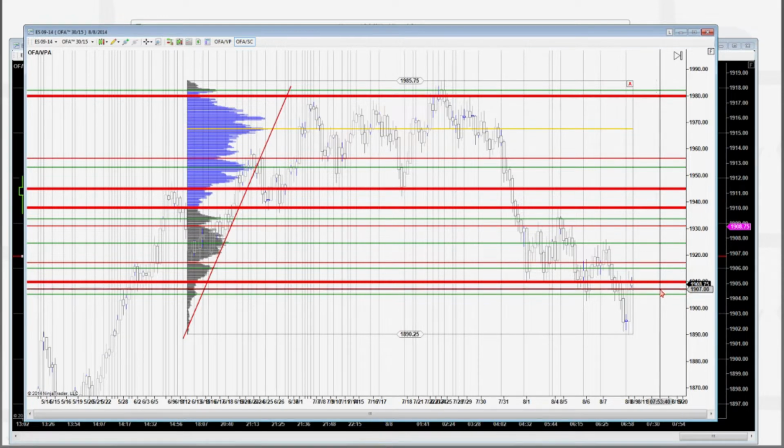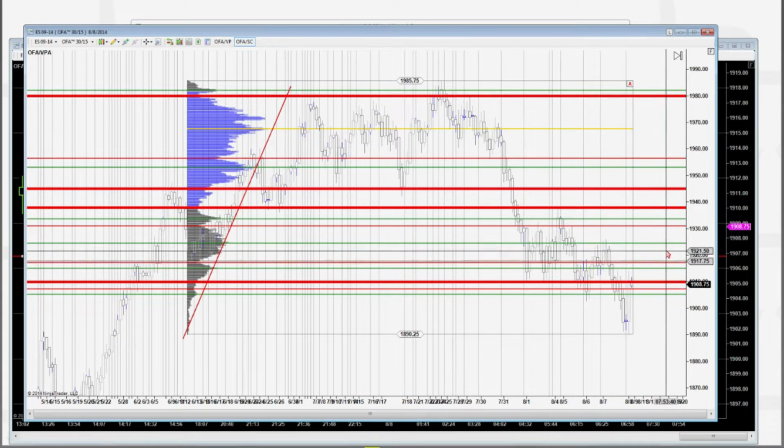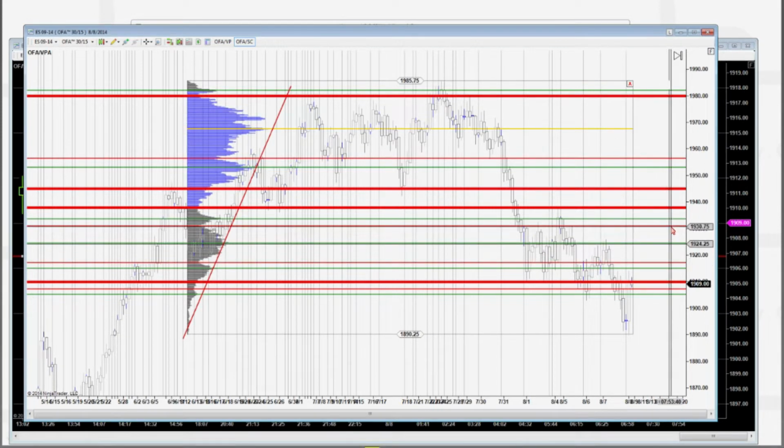This is a key level, as well as this at 1917. And if we get through 1917 with any kind of volume, I'll be looking for 24, 25, and possibly up to that 30, 31 level.